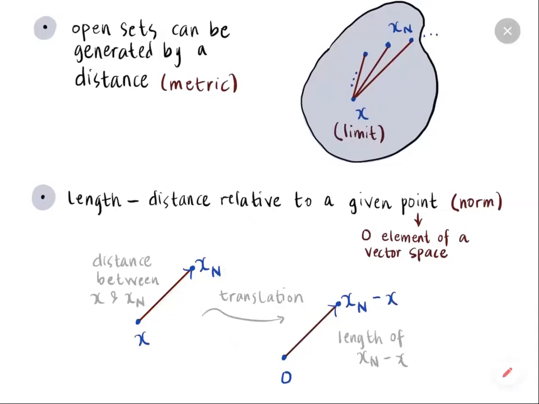Here you can think of 0 as your reference point or reference vector. So the distance between two vectors, by translation, can be thought of as the length of the difference of the vectors, and vice versa. If you translate this back, the length of the vector is the distance between the two vectors. Therefore, a length can give the notion of a distance.